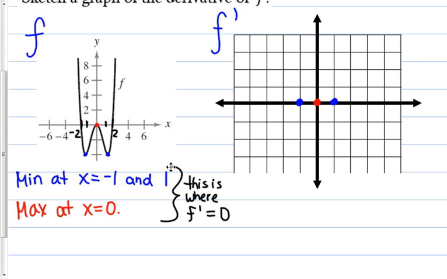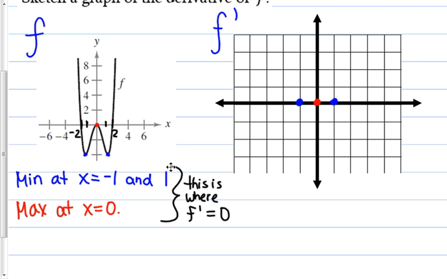All right, now, just like the derivative can help me determine where the function is increasing or decreasing, the original function can help me determine where my f prime is. We're just going backwards. So this function f is decreasing to the left of -1.